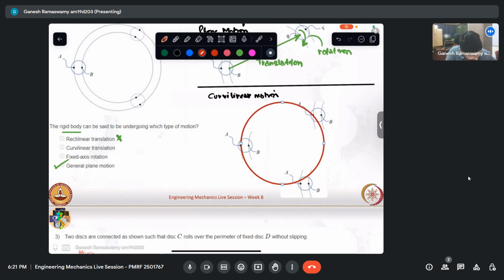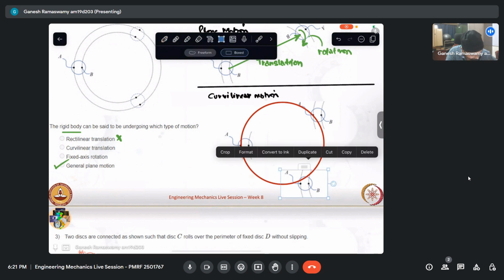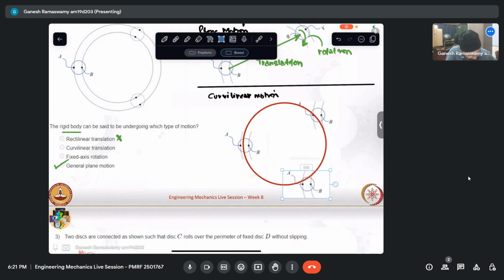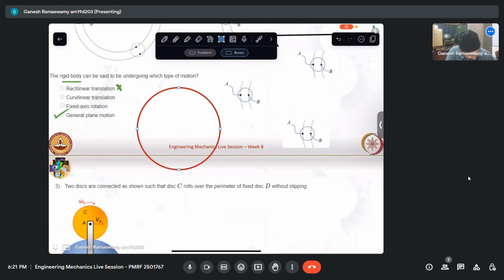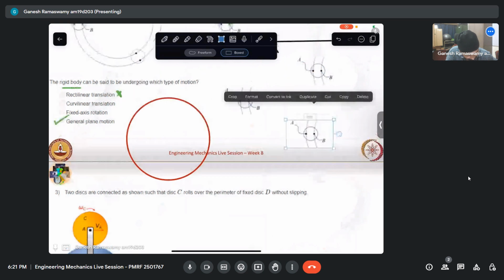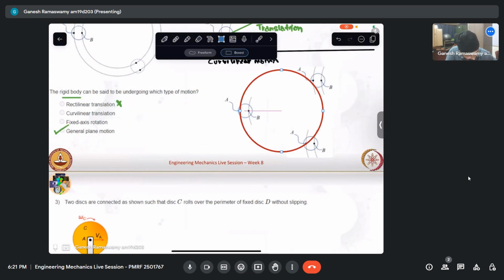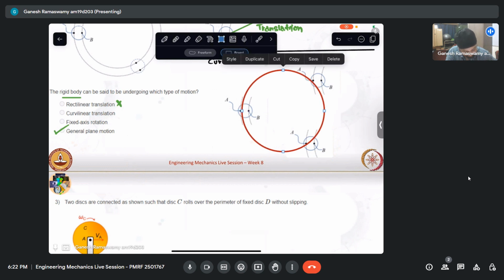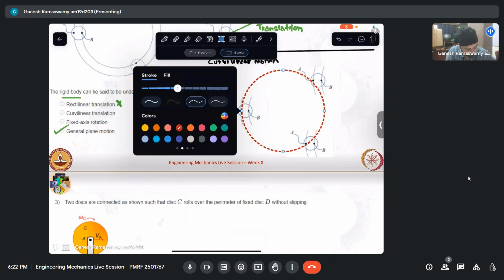Now I can clearly see it. This is the path point A would have taken, more or less. I'm not exactly able to make it sit in a circle, but I suppose you get the idea. This is the path of point A.